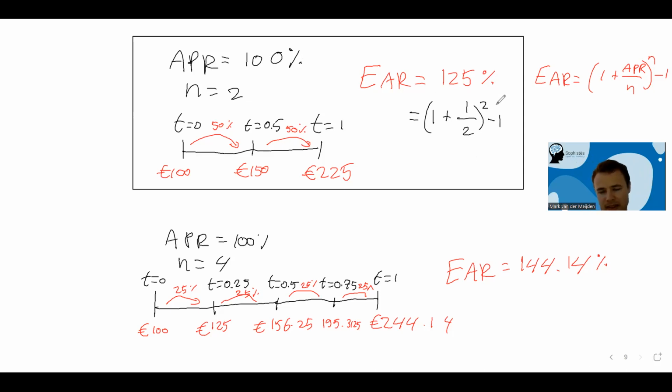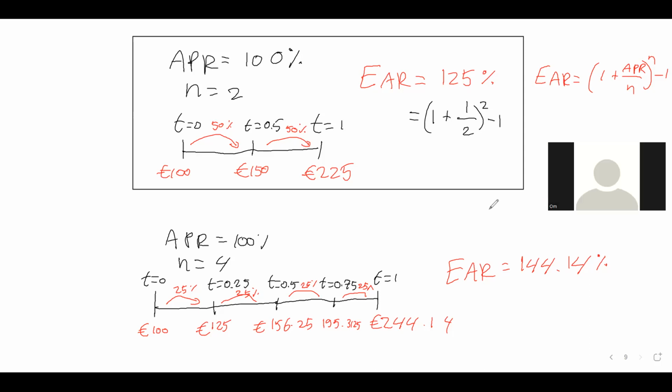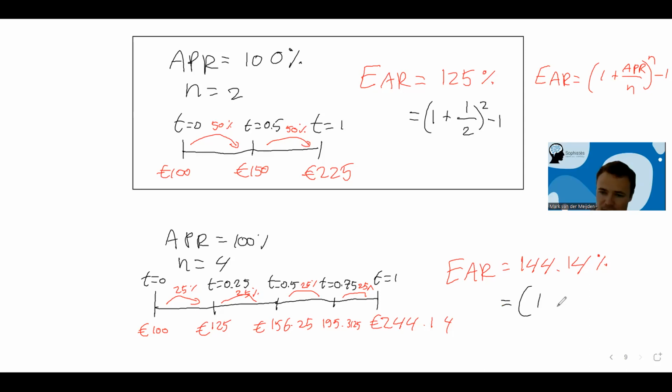Yes, which is 125%. If you fill this in, 1 plus 1 over 4, to the power of 4, minus 1, do you get 1.4414? Yes, right. And that's how the formula works.